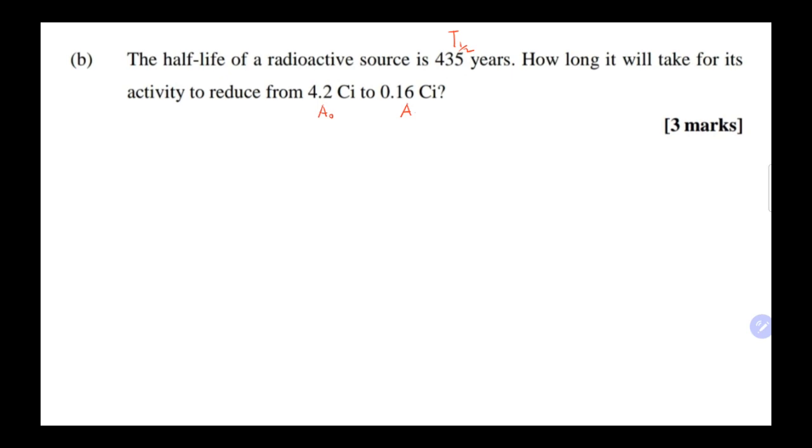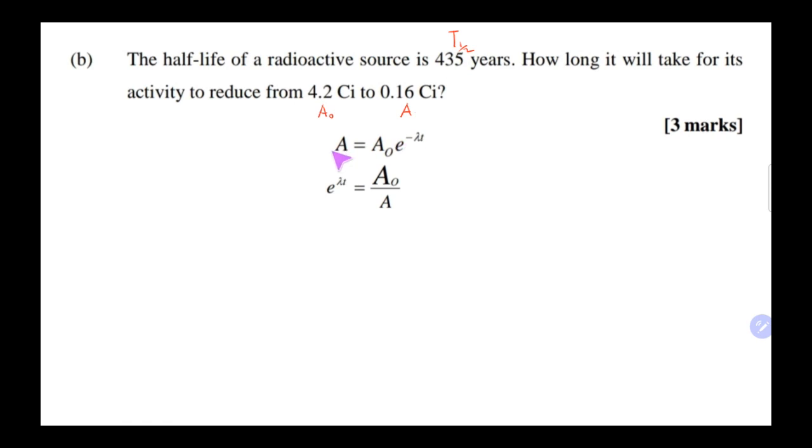By using the equation of activity directly, A = A naught e^(-lambda t), where lambda is the decay constant and t is the time needed here. A naught is given, also A, but lambda is not given, so we need to calculate lambda using T half.